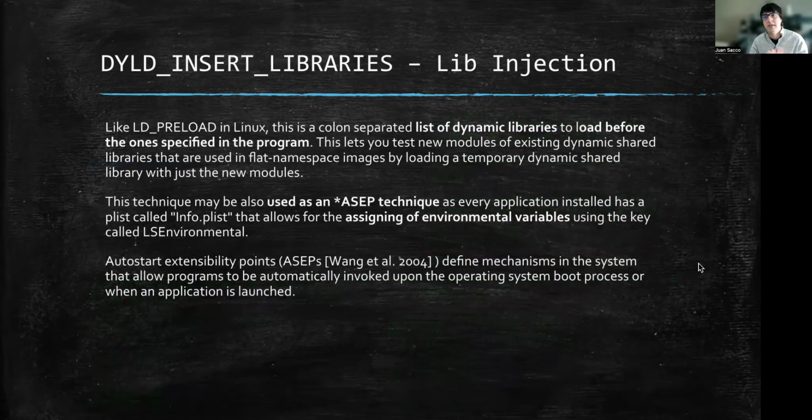Okay, next we need to talk about dynamic library injection. Like LD_PRELOAD in Linux, this is a colon separated list of dynamic libraries, one or more to load before the ones specified in the program. If you debug a program or do reverse engineering of that program, you will see that the program will call some libraries, statically or dynamically. You can preload libraries.